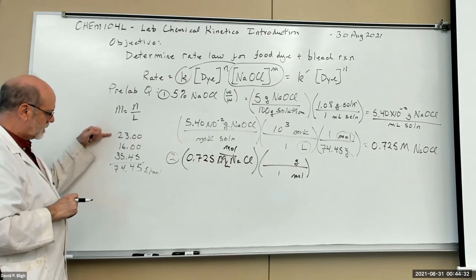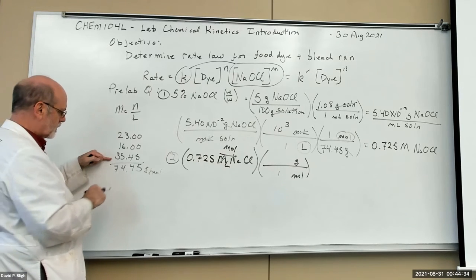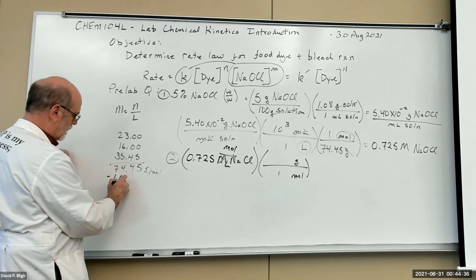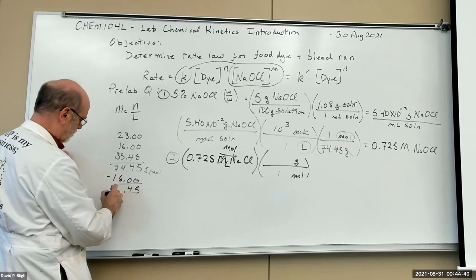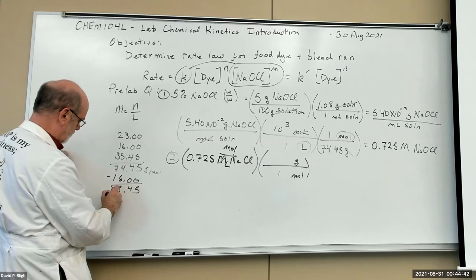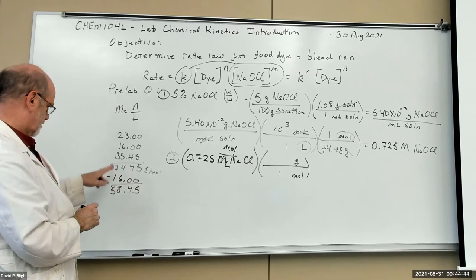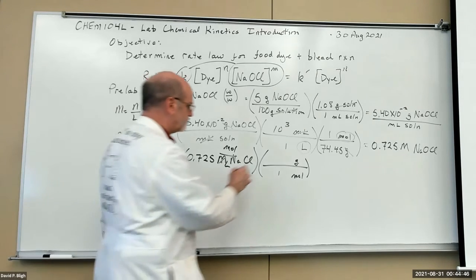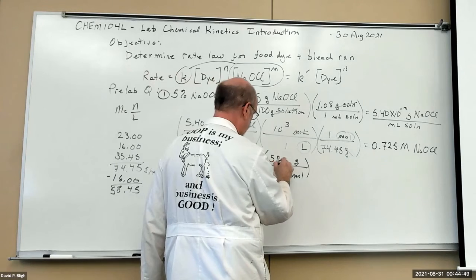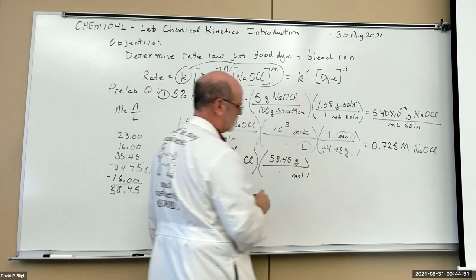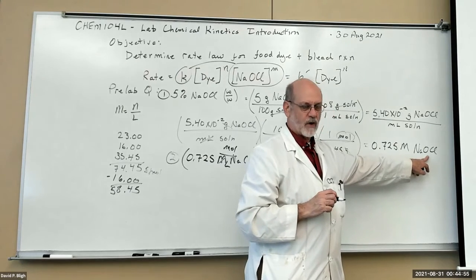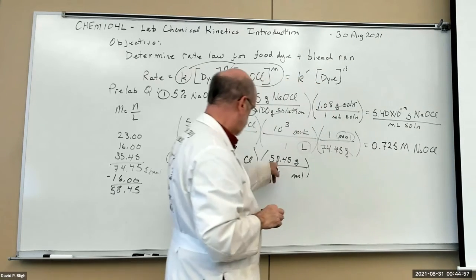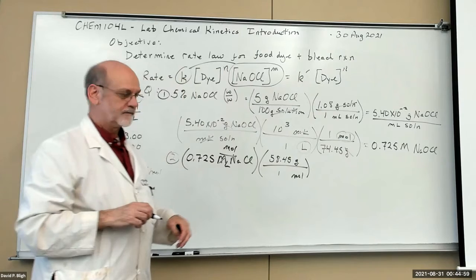There's sodium, there's chlorine. We just need to remove the oxygen, correct? Yeah, 58.45. Does that make sense? Right? We took away the oxygen, so it should have a smaller molar mass, which it does. The difference is 16.